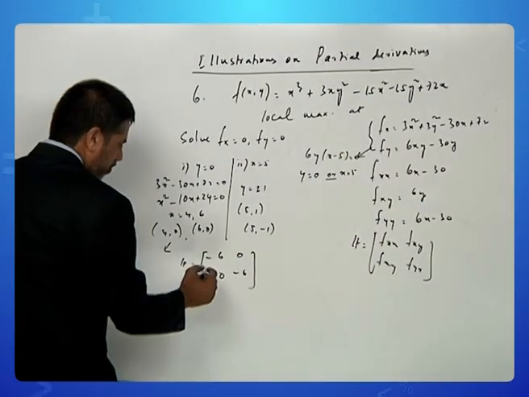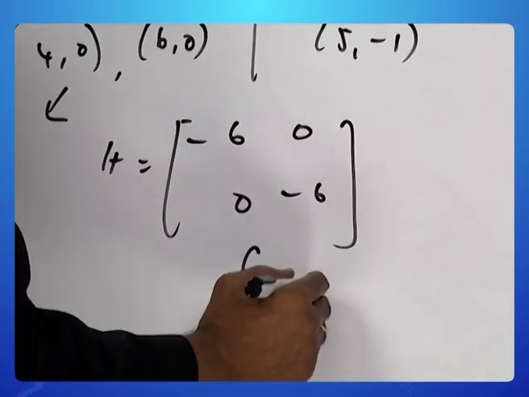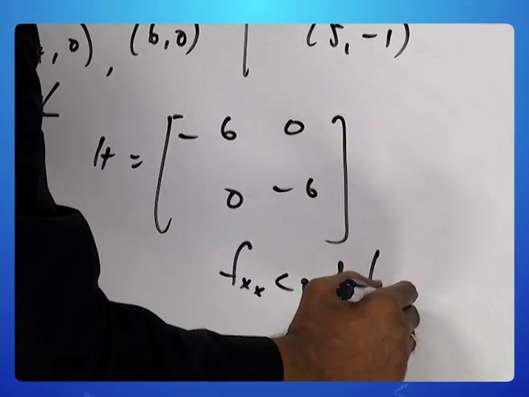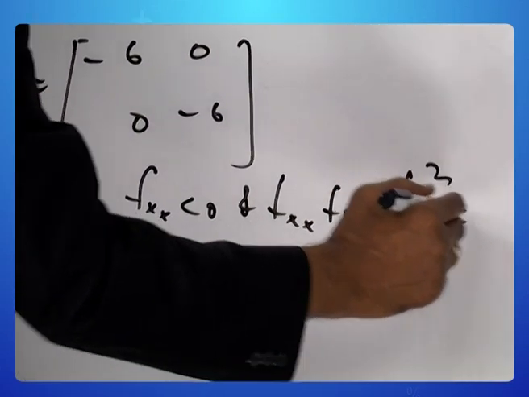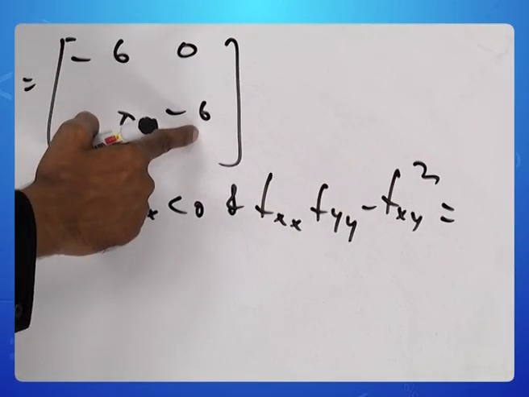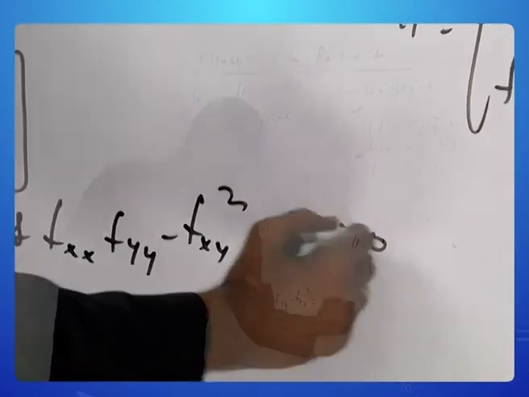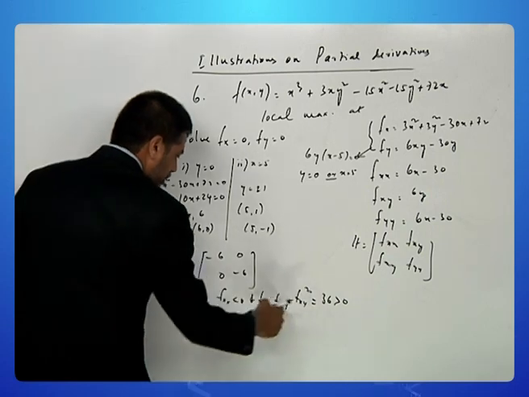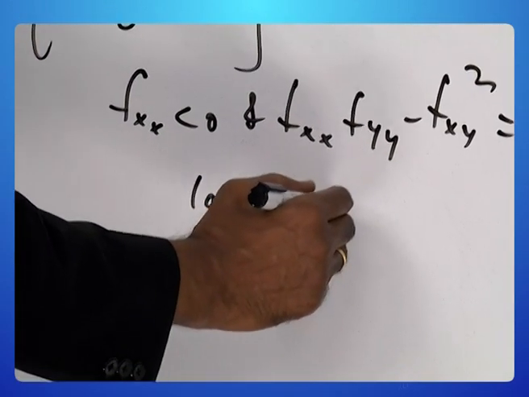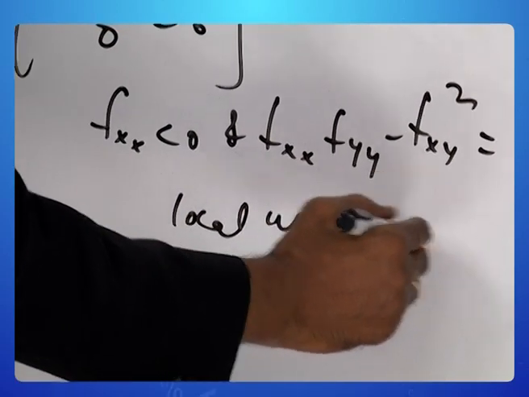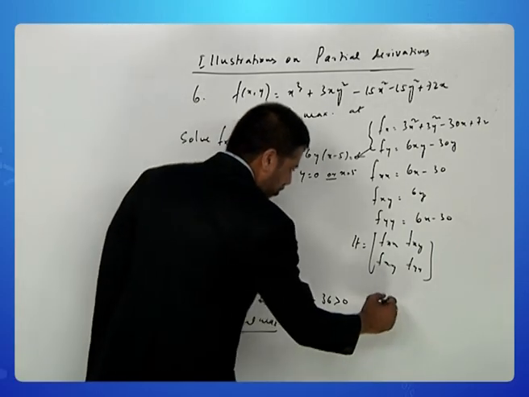So please observe that fxx is negative and fxx fyy minus fxy whole squared will be minus 6 into minus 6, 36, minus 0 is 36, which is positive. This particular combination corresponds to a local maximum at 4 comma 0, and the correct option for this problem is A.